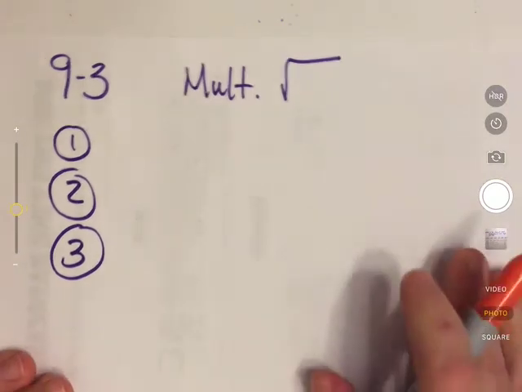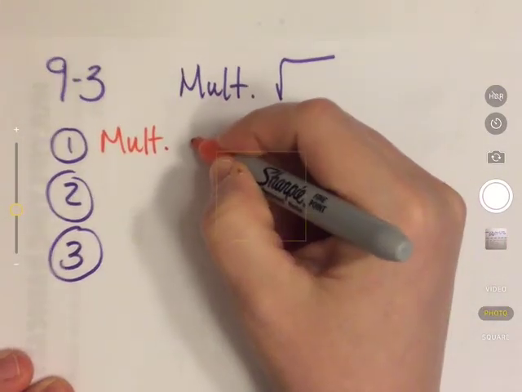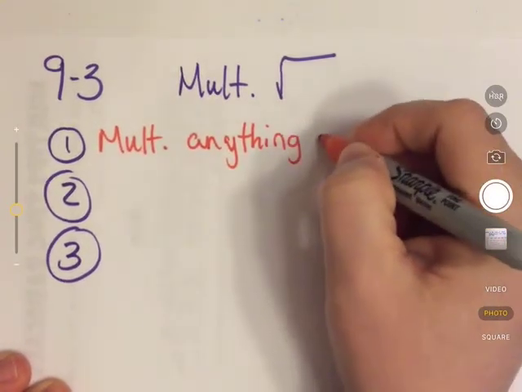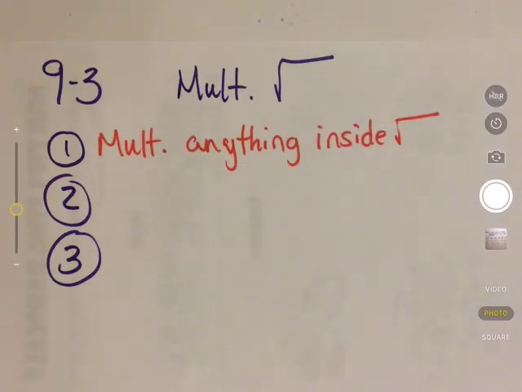So step 1 is we're going to multiply anything inside the radicals with each other. Okay, so if there's a number inside a radical, we're going to multiply it with another number inside a radical. If there's a letter inside a radical, we're going to multiply it with a letter inside a radical. So anything inside can be multiplied by other things inside.